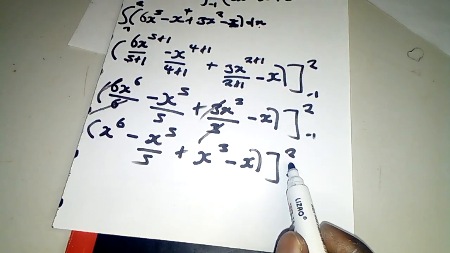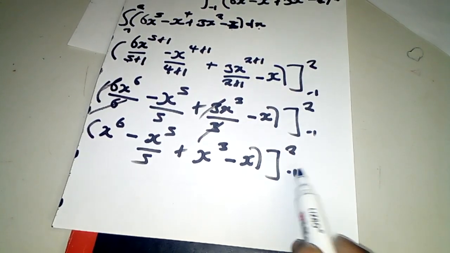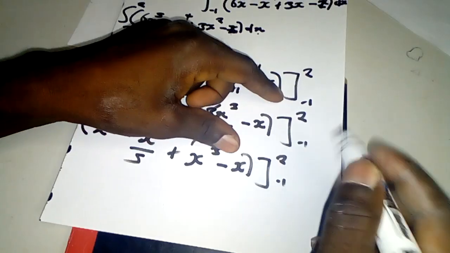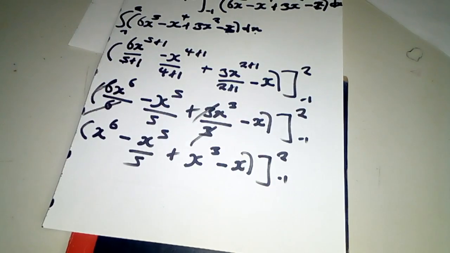Now we need to look at the limits we have. We have 2 and -1. So this 2 here, this is the upper limit, and -1 here, this is the lower limit. So now we are going to find the difference between the upper limit and the lower limit. How are we going to find this difference between the upper and the lower limit?